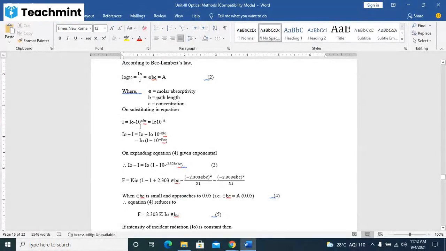I is equal to I0 10 raised to minus epsilon BC. ये आपको समझ में आया. अगर यहाँ का लॉग जाना होगा तो ये एंटी लॉग हो जाता है. 10 raised to minus epsilon BC, that is, A is nothing but that particular thing that we have taken.